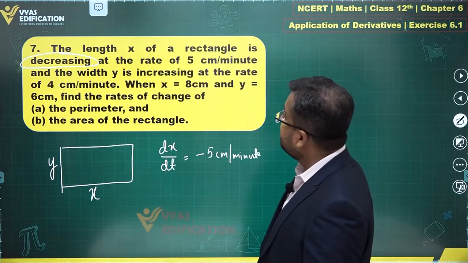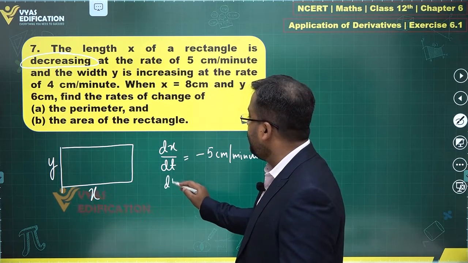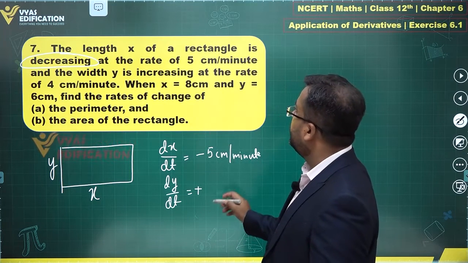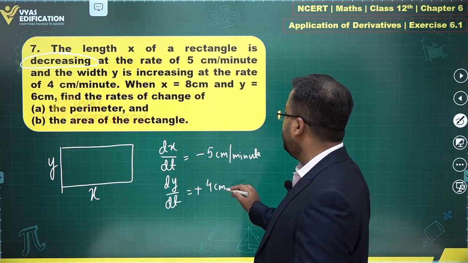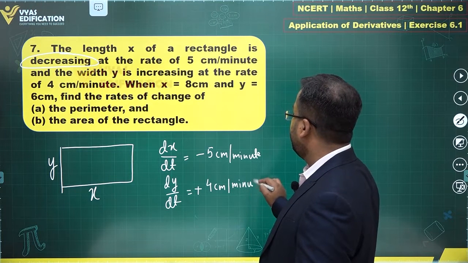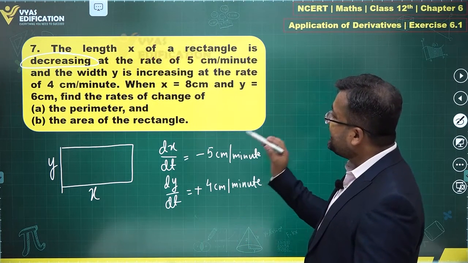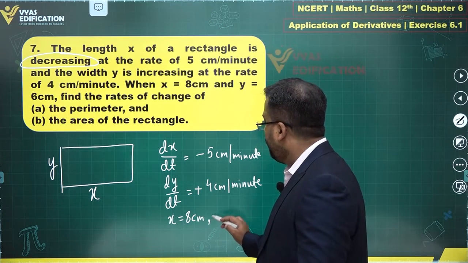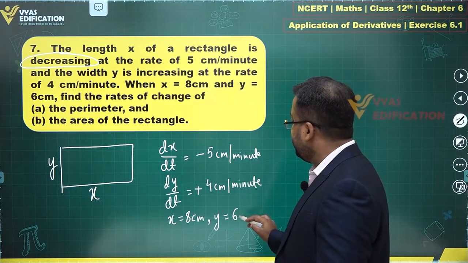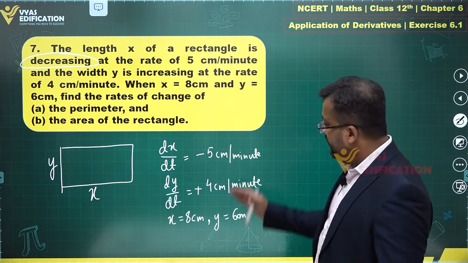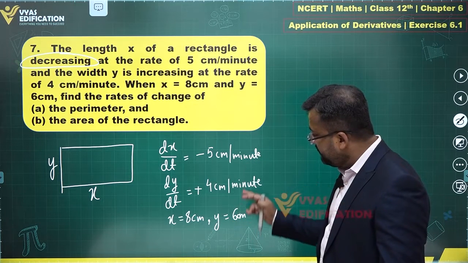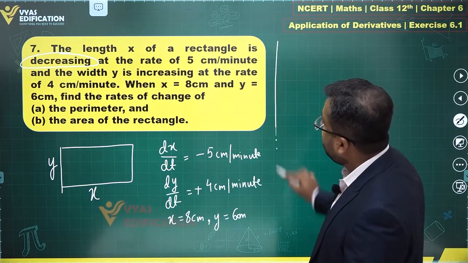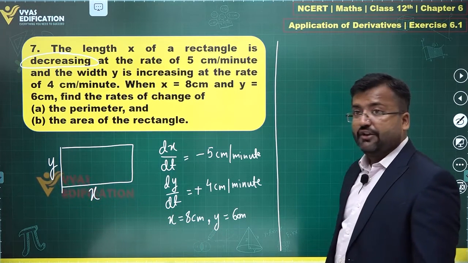And the width y is increasing at the rate of this. So dy by dt is given to be plus, increasing. Therefore, this is 4 centimeter per minute. What else? When x equals 8 centimeter, y equals 6 centimeter. So length is measured in centimeter, time is measured in minute. We'll have to take care of that in our final answer as well. Find the rate of change of the perimeter and the area of rectangle.